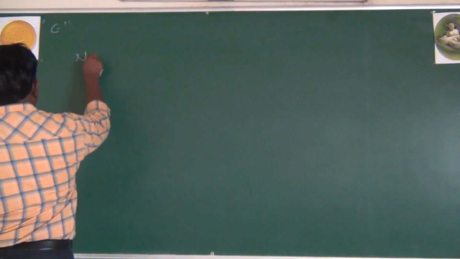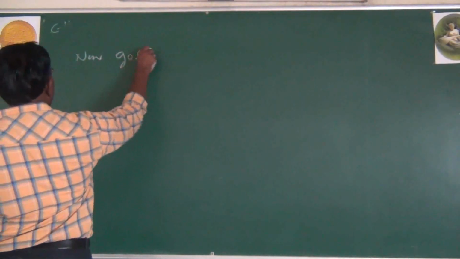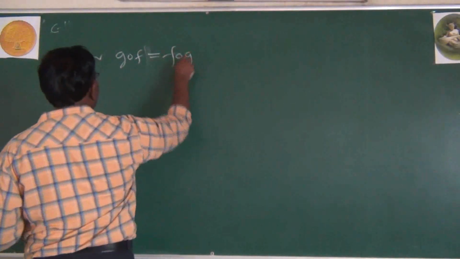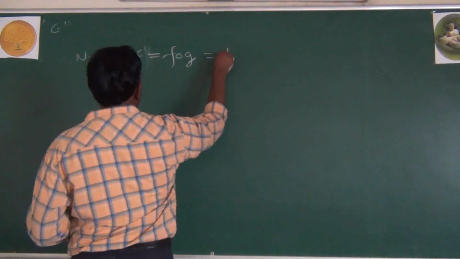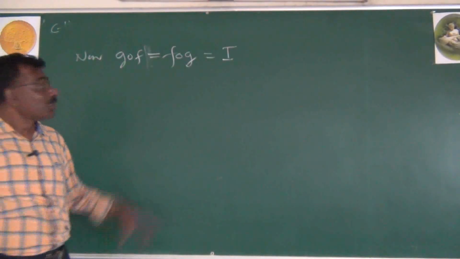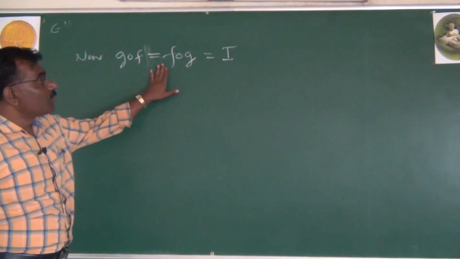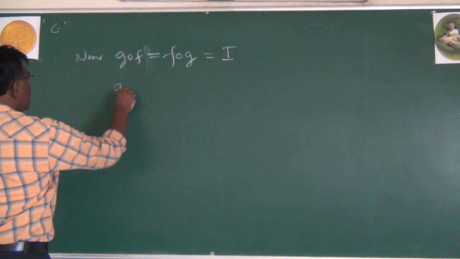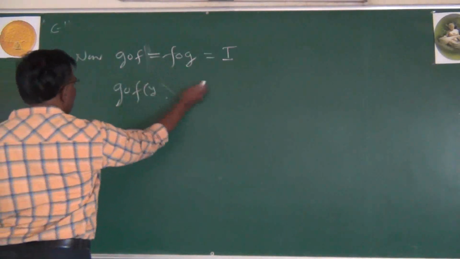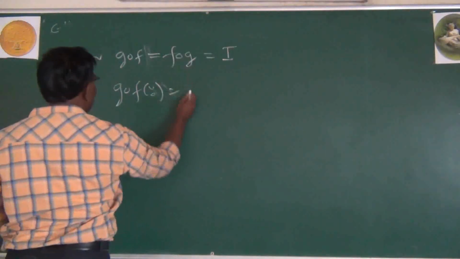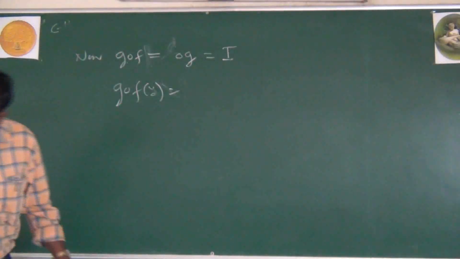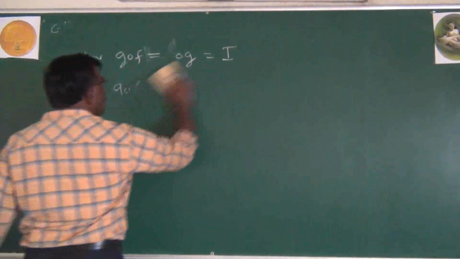Now, g composition f equals f composition g, and this is the identity.